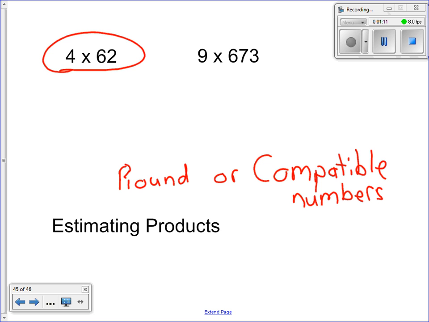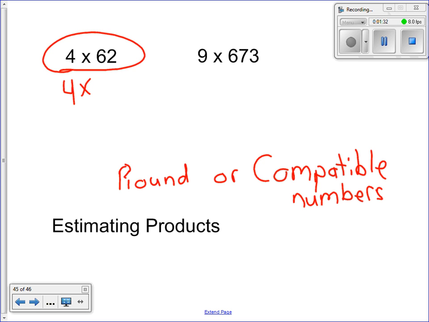If I were to round this, I would keep the 4 because that is an easy number to work with. But I don't know my 62 facts, so I can't do 62 times 4 in my head. So I need to change my 62 to a number that I can easily multiply. So I'm going to round it.